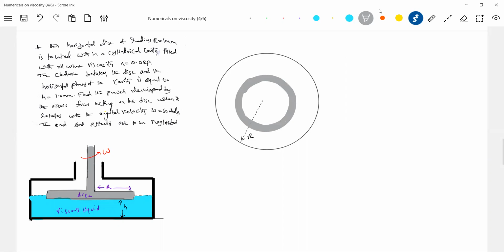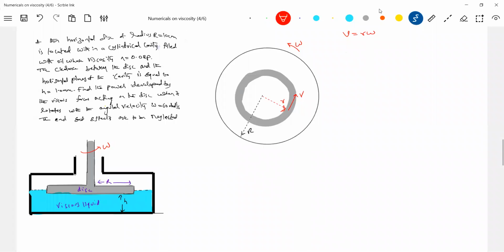So let the radius of the strip be small r. The disk has angular velocity omega. So the tangential velocity of this point is v, and what is v equal to? v equals r omega.